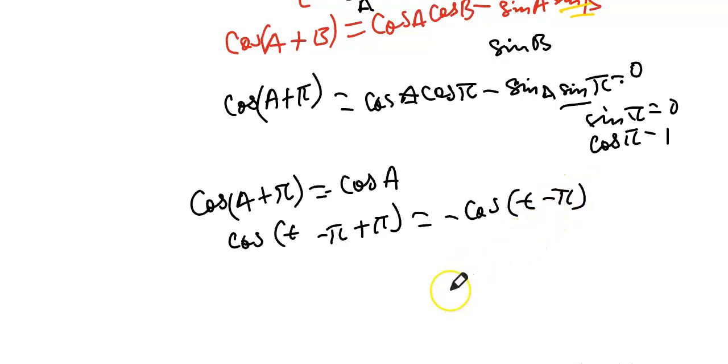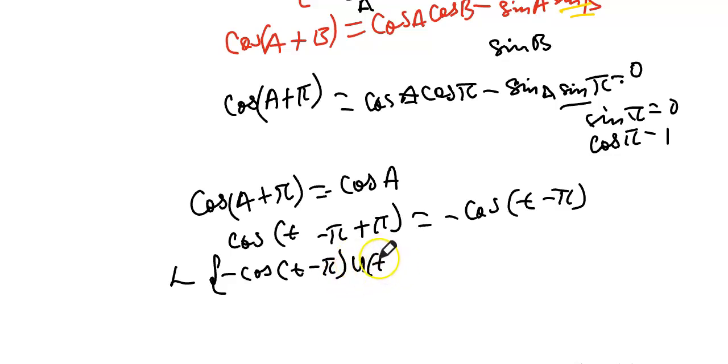So if I put back in the earlier given Laplace equation, I will simply have the Laplace of all this operator, now negative cosine of t minus pi into u, then we have t minus pi.